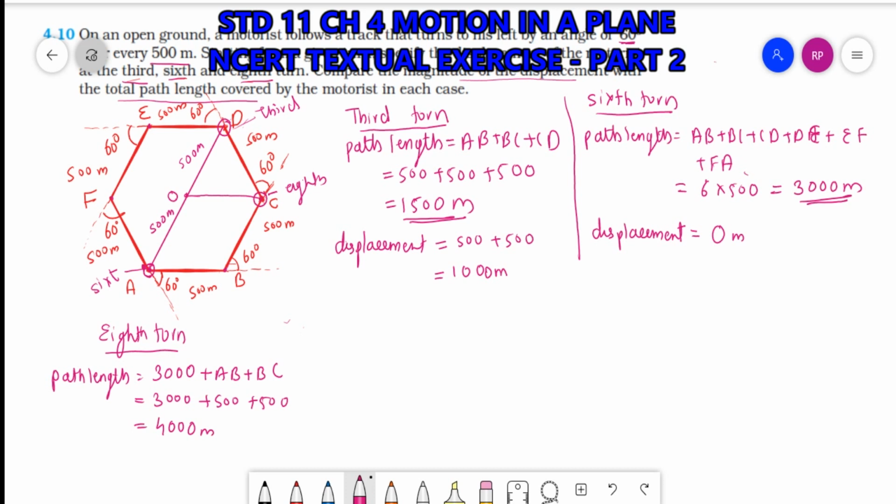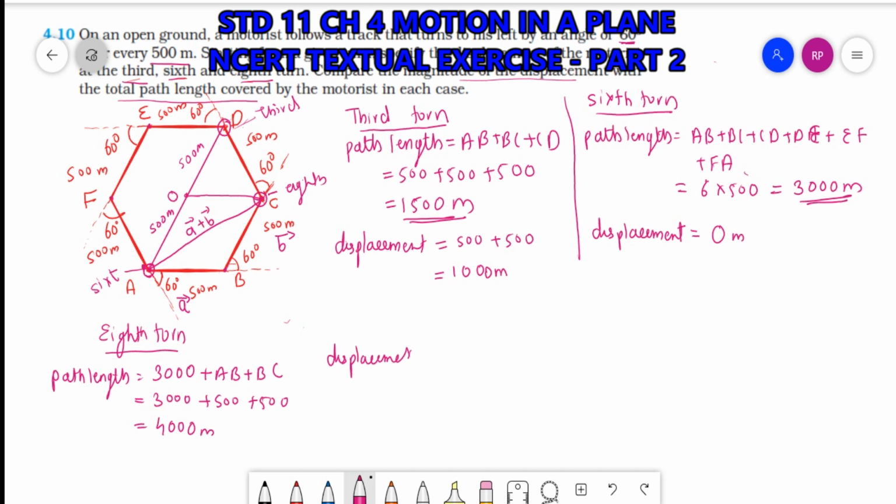Okay, so this is the path length for the eighth turn. Now for displacement. Displacement means this distance. If I take AB as vector A, BC as vector B, then this will be A plus B.